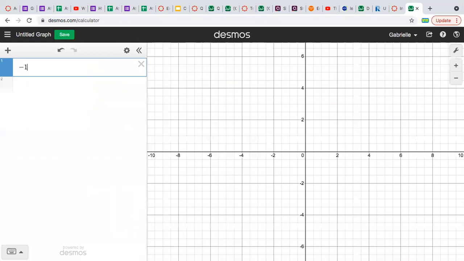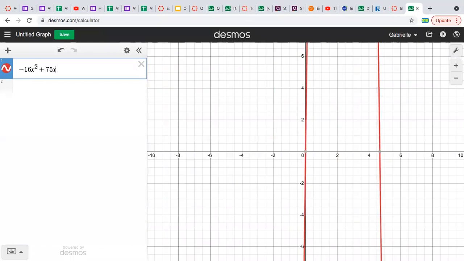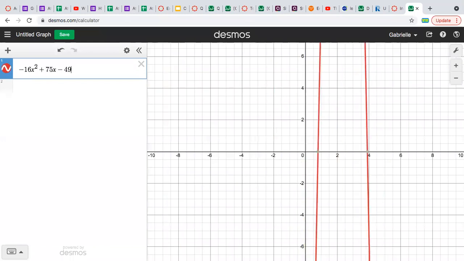Negative 16x squared plus 75x minus 49. All right, so it hit the x-axis at 0.785 and 3.903. So those are my two answers. Are we good with that? I need to know because I don't want to keep moving on and you're confused.